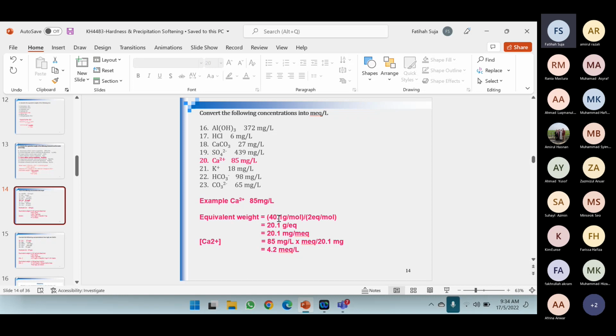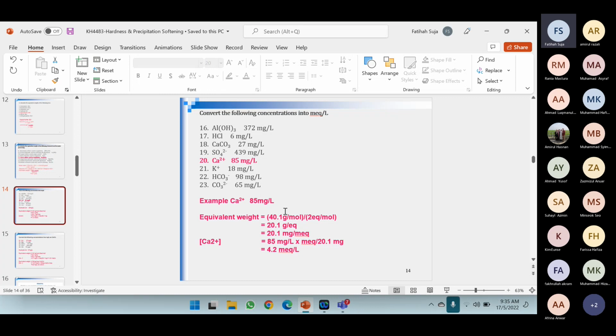Okay, so you need to divide by the electrical charge, which is 2 here, meaning 2 equivalent per mole. So you will get 20.1 gram per equivalent. Since they want it in milli equivalent, you can convert to 20.1 milligram per milli equivalent.